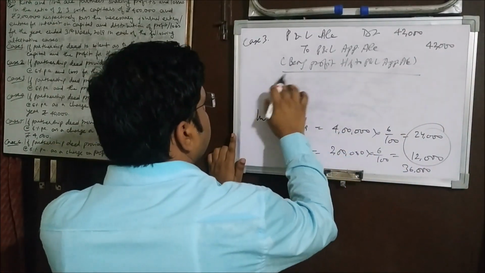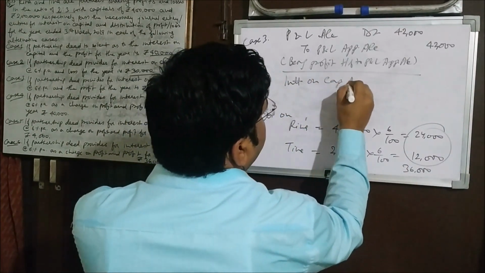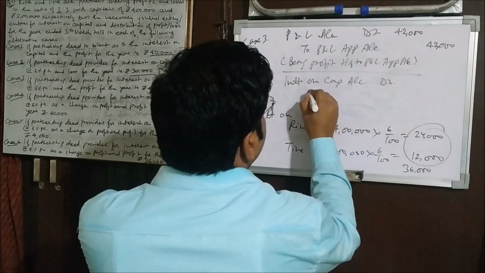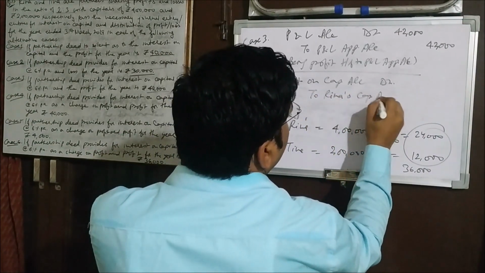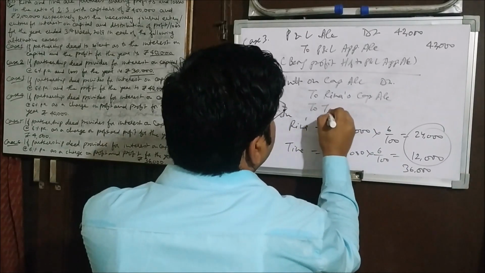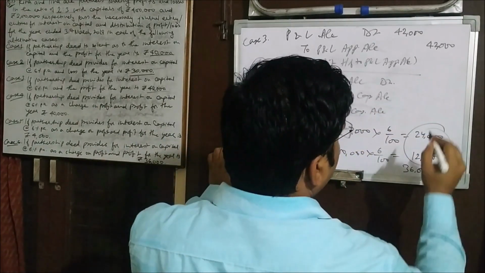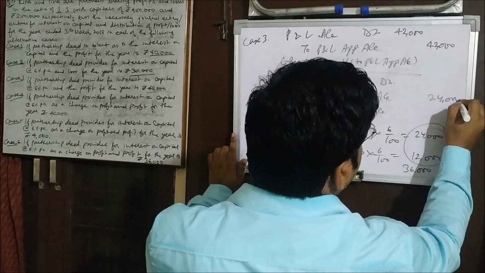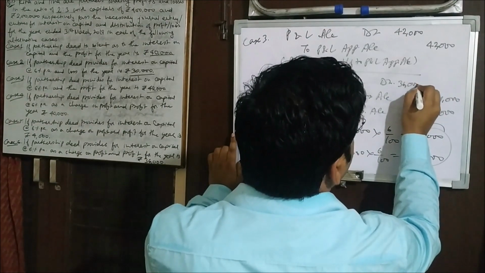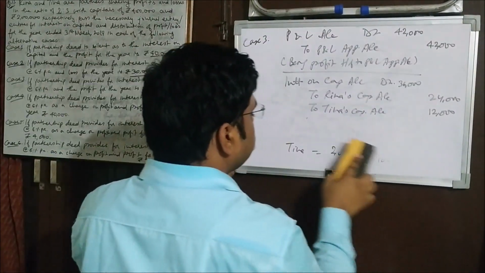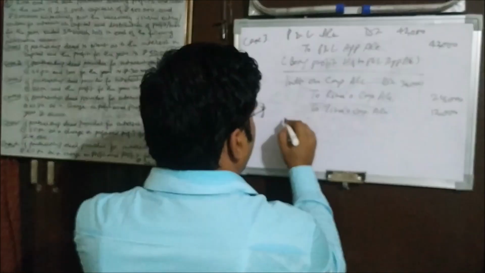Now let's make the entry for interest on capital. Interest on capital account debit to Reena's capital account and to Tina's capital account. The amount is 24,000 and 12,000, total 36,000. This interest on capital is to be transferred to profit and loss appropriation account as well.